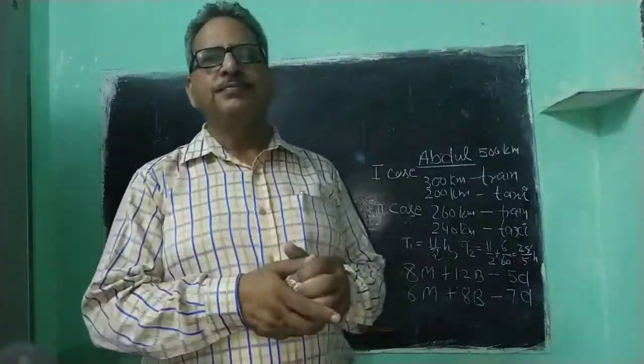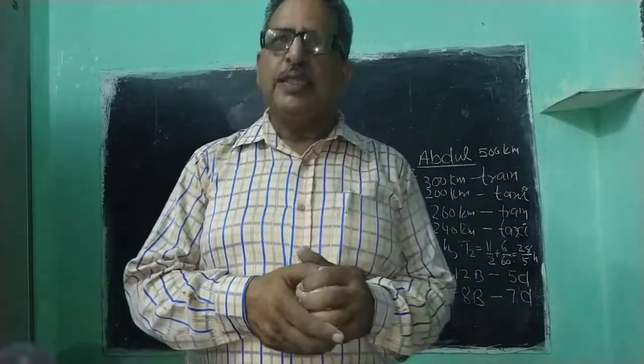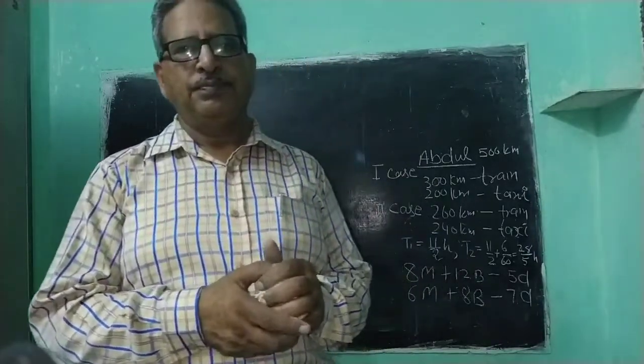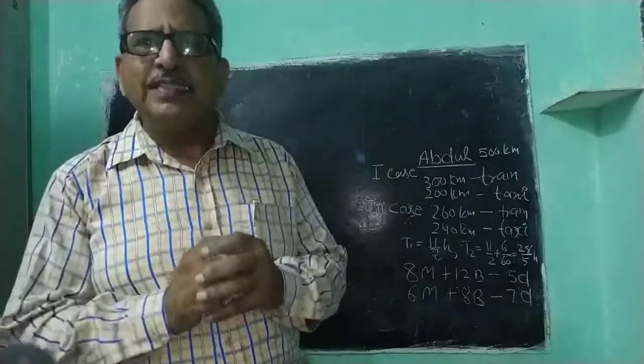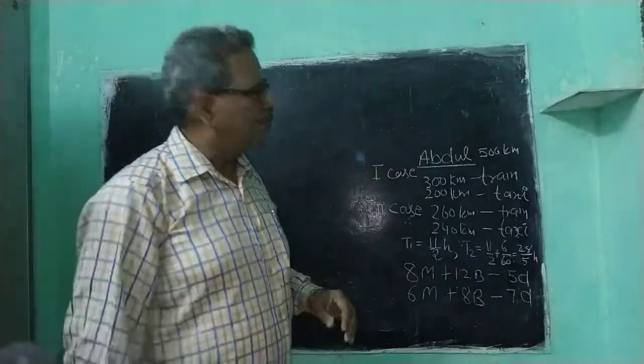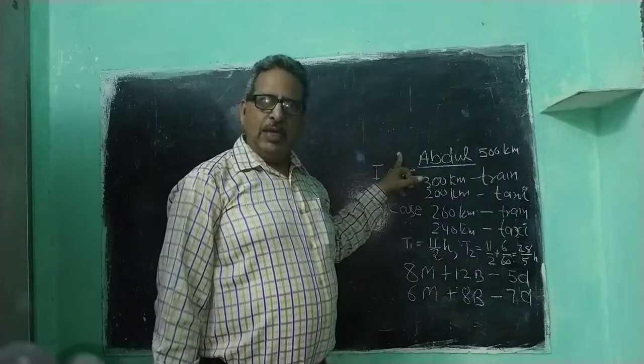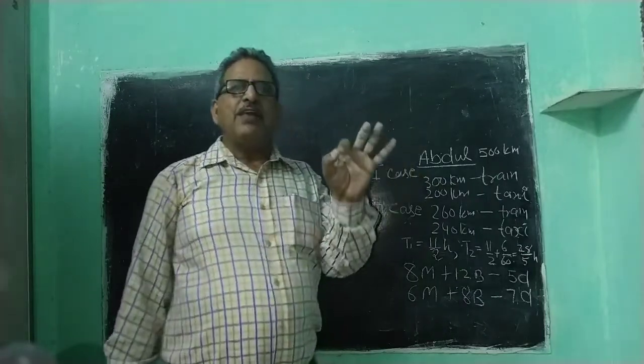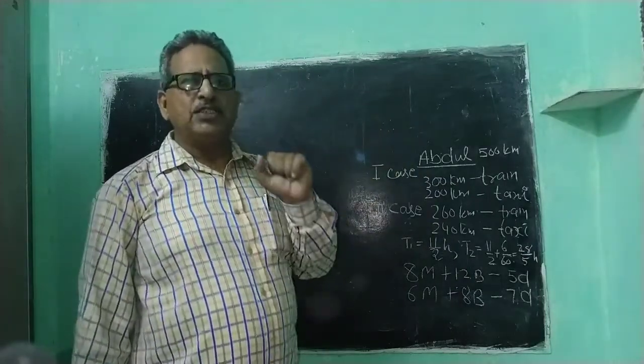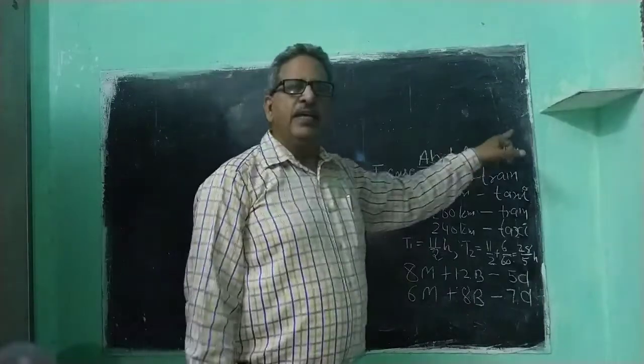Okay, so let us do the second sum. What is given in this statement? See, a person, Abdul, is traveling a total distance of 500 kilometer.